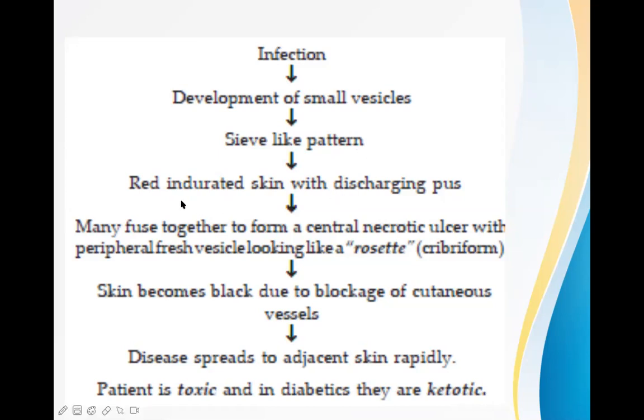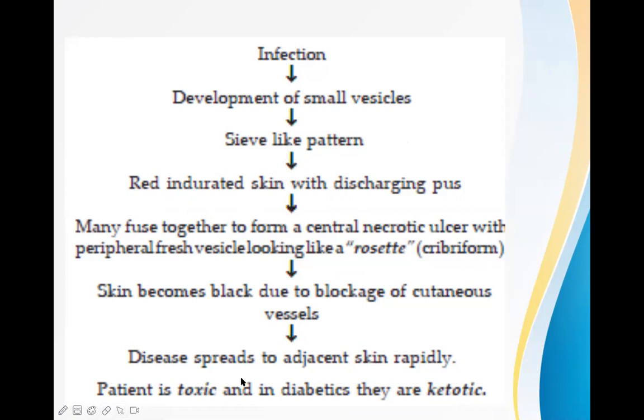Now that area looks red, indurated, and discharging pus. Many furuncle-like lesions fuse with each other. I already talked about this many times. The boils are fused with each other, and ultimately it looks like a cribriform plate-like appearance, or sieve-like appearance. So this is the hallmark of carbuncle.